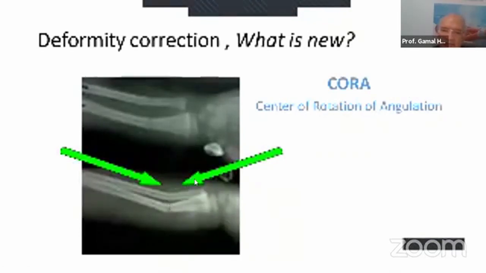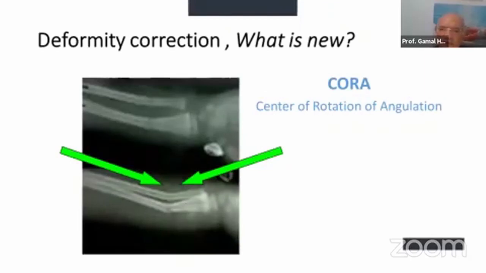And we put our two thumbs, distally and proximally, to correct the deformity. And in between, we create a hinge, or ACA. So we use a hinge, we use the CORA, and the fracture, the osteotomy. So actually, nothing new. We just try to standardize the language of the deformity.